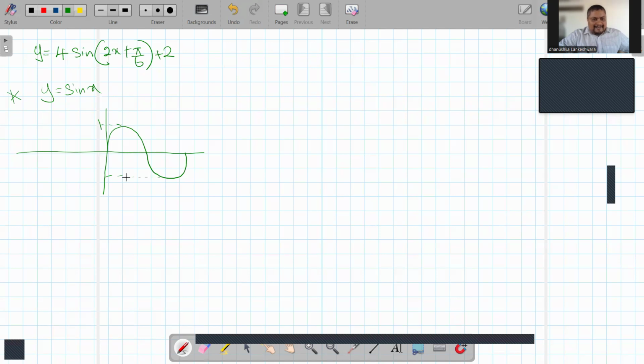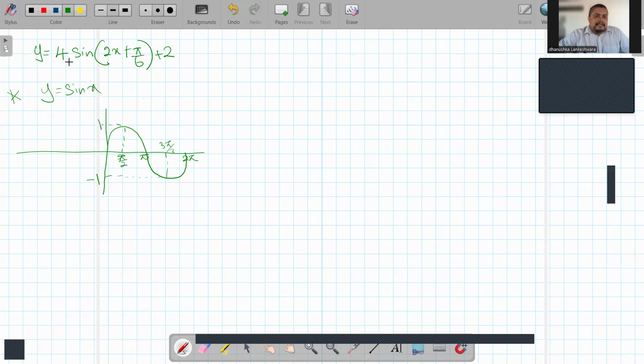The minimum value is -1. And the period is 2 pi. So this is pi over 2. Here pi. Here 3 pi over 2. And here 2 pi. Right? So this is the original sine graph. It means y equals sine x.